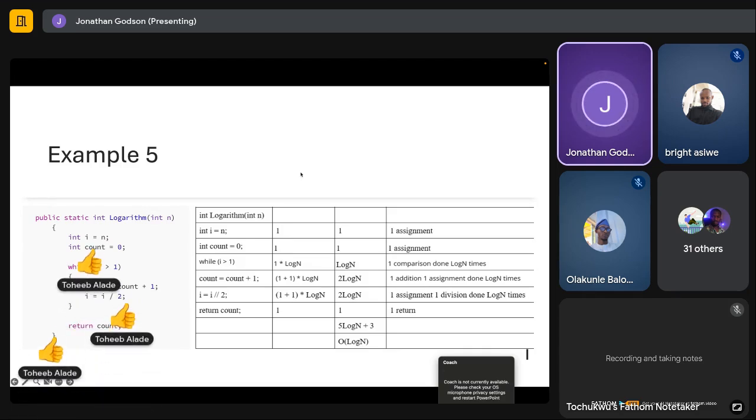O log n is more efficient than O of n in the sense that you are not going through the whole input. So if this is 5, we are not going to loop 5 times here because we are dividing this input size by 2 each time we iterate over this. So it is going to give us a more efficient running time compared to O of n, which is running over the whole input size. I don't know if you get what I mean, Bright.